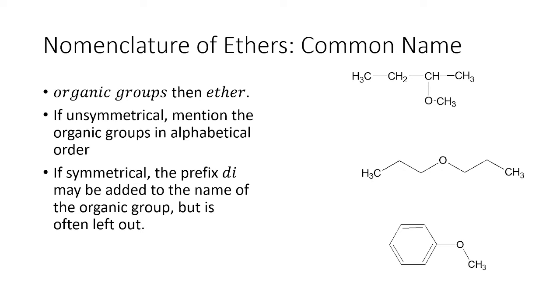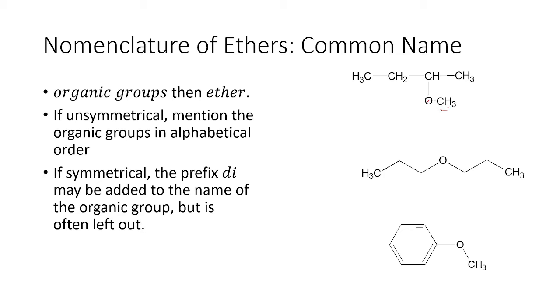As you can see in our first example, we actually have an unsymmetrical ether. Because as you may notice, here is our oxygen and we have four carbons on this side and one carbon on this side.